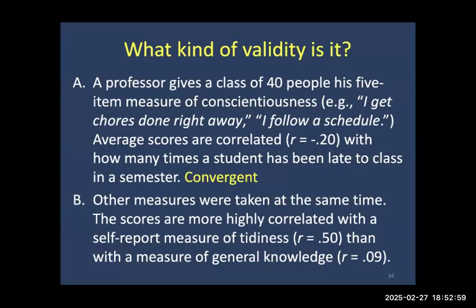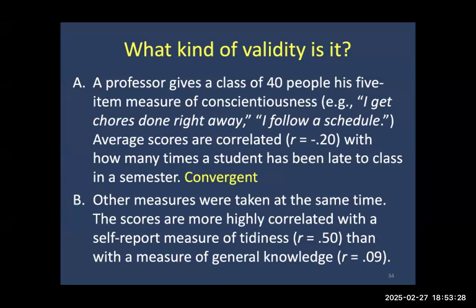How about other measures we're taking at the same time? The scores are more highly correlated with a self-report measure of tidiness than with a measure of general knowledge. Is it content validity? Content validity, we're actually not talking about numbers. When we're talking about correlations, those are going to be a type of criterion validity.